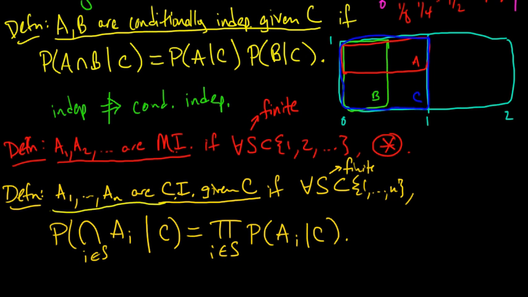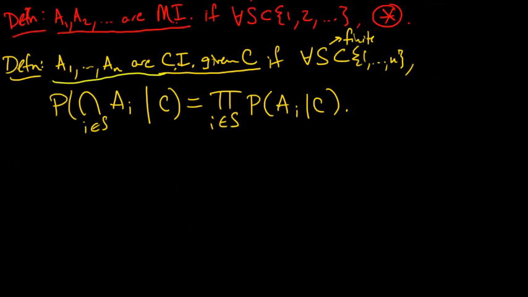Now, let me give you a little proposition, a mini theorem regarding conditional independence and independence. So this relates conditional independence to independence. So suppose we have some event B with positive probability.